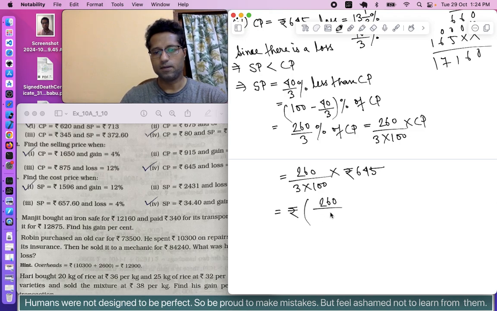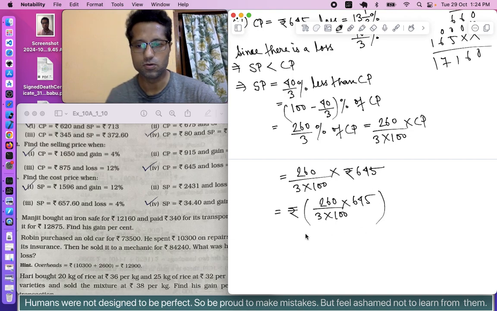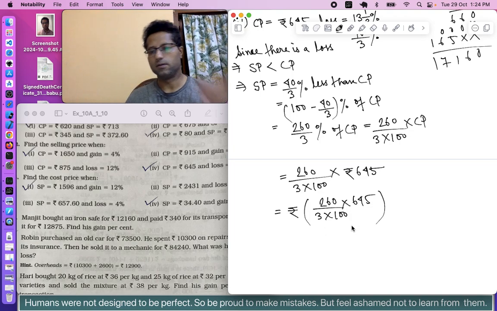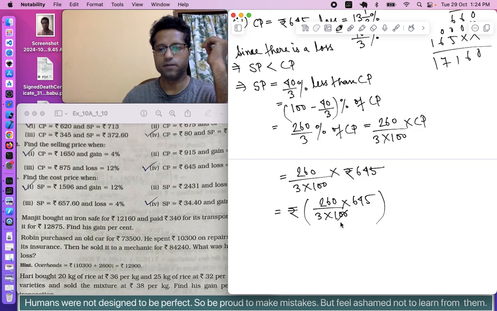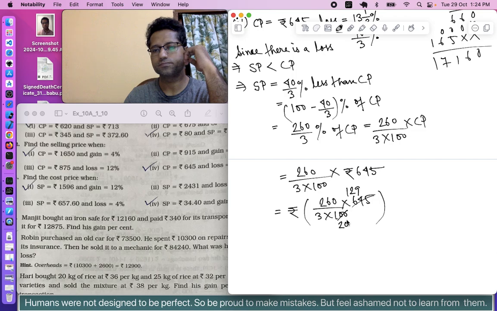So we have to compute 260 divided by 3 multiplied by 100 multiplied by 645. Okay. 5 cancels, divides 100 with 20. 5 divides 645 with 129, and 3 divides 129 with 43, and 0 0 cancels, 2 divides 13.